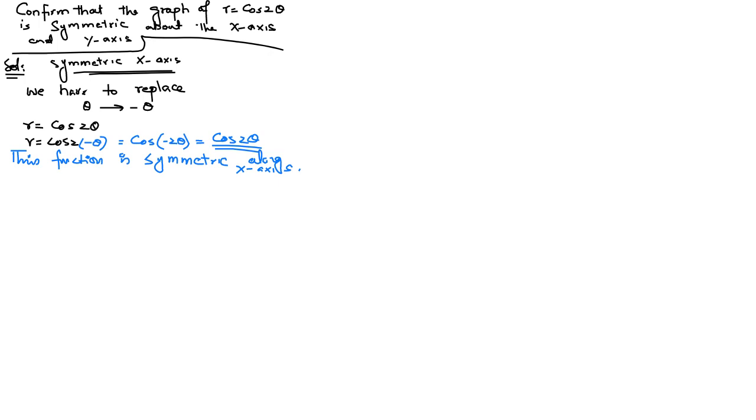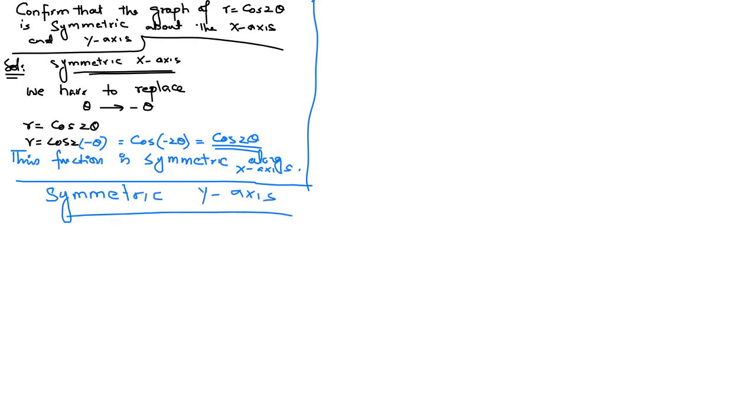Okay. Similarly, how can you find the symmetry along y-axis? This is for the x-axis. Now for symmetry for y-axis, what you have to do? We have to replace theta with pi minus theta.